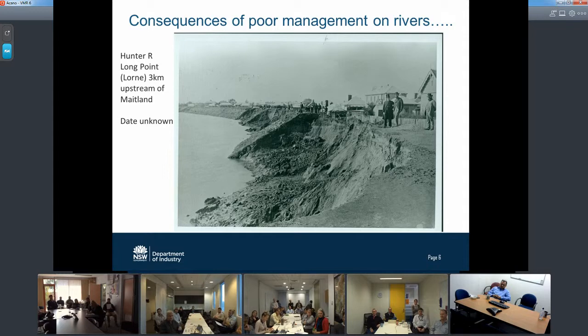By 1870, the river had more than doubled its width. The channel had infilled with a huge amount of sediment, and even now the state government or the Ports Corporation is spending tens of millions of dollars dredging what used to be riverbanks and floodplains out of the harbour to allow carriers and coal ships to enter into Newcastle.